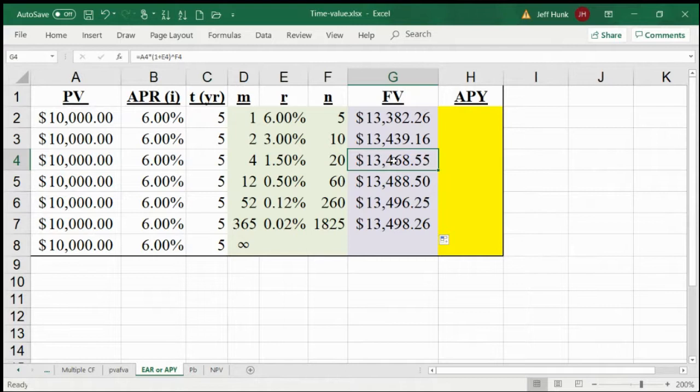So what if there is an annual APR that would give me the same future value as quarterly compounding? What simple annual rate will give me the same future value? Understand? Okay.